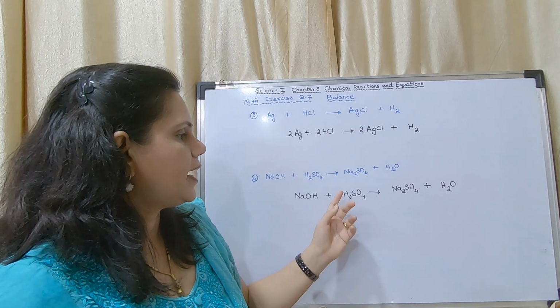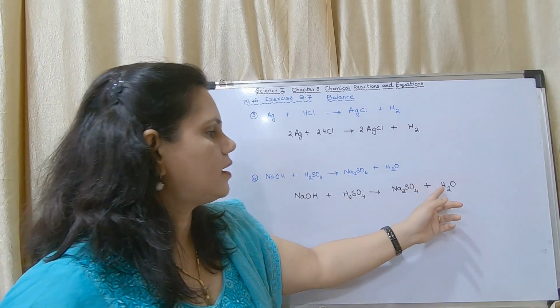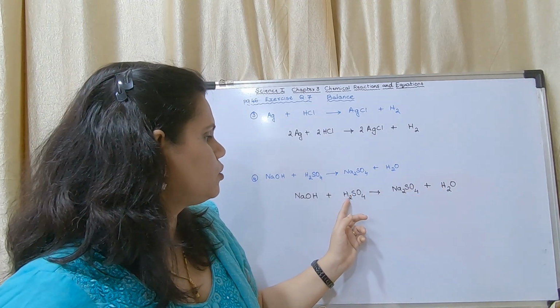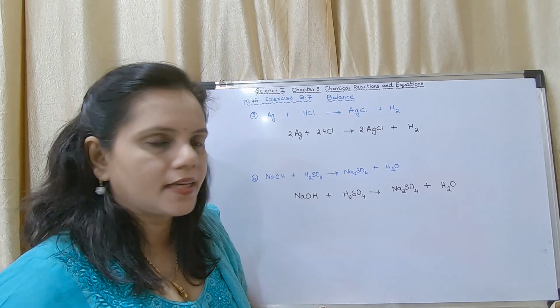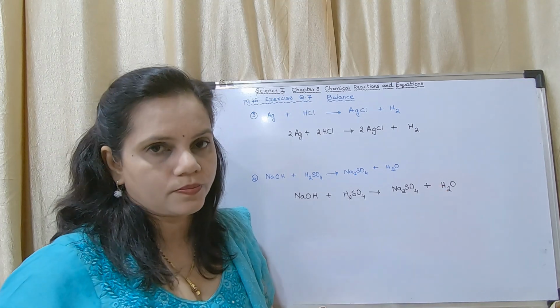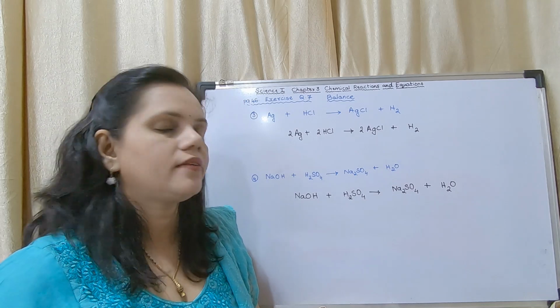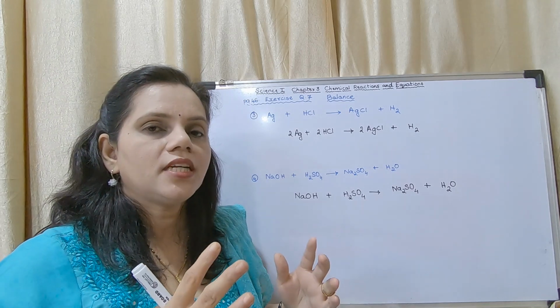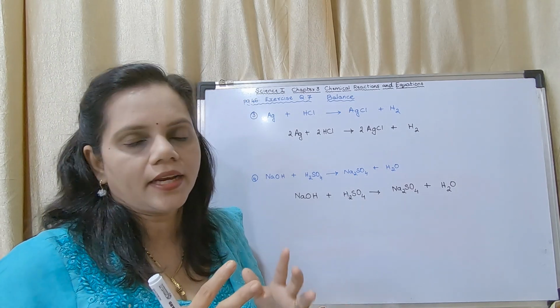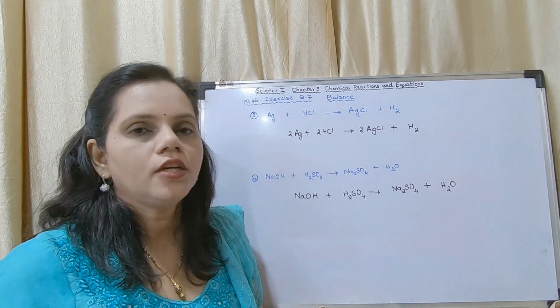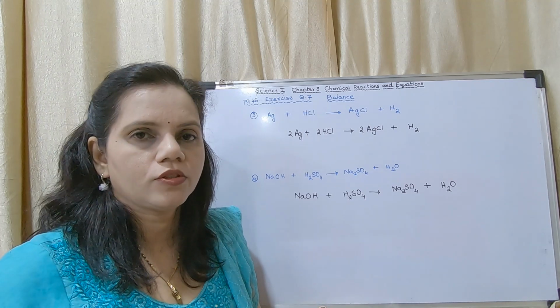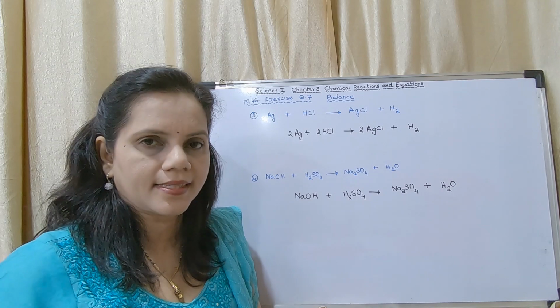So hydrogen, 2 plus 1, that is 3 here, and here it is 2. Now whenever you are going to balance 2 and 3, you may take a common multiple of those two numbers, that is 6.